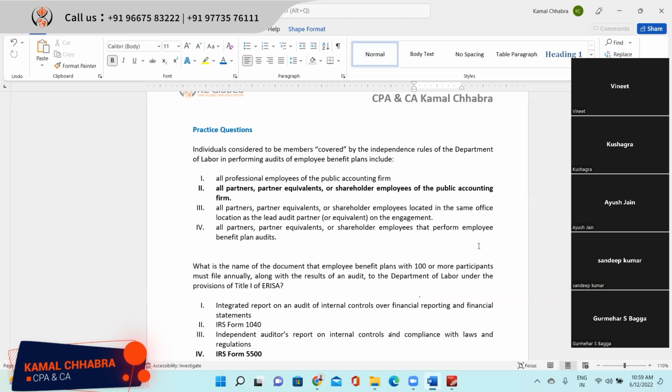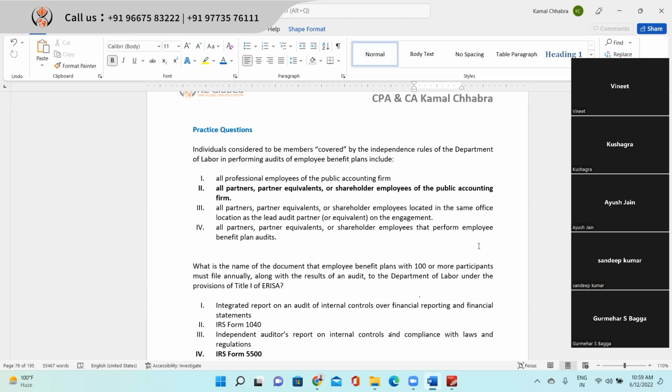Sir, covered members are partners, shareholders, and others of the engagement team. Everyone from the engagement, irrespective of the situation or the meeting that has been done. Irrespective of that, we have to consider all of them in covered members, irrespective of the engagement. How about others?